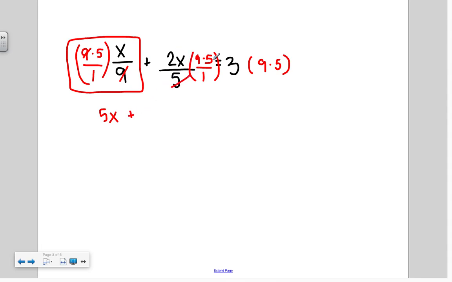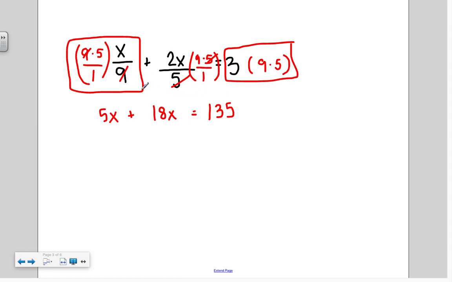And then I have 5 on the top and the bottom, so I have 2x times 9, which is going to give me 18x. And then I have my last term on this side, 3 times 9 times 5, and that's going to give me 135.